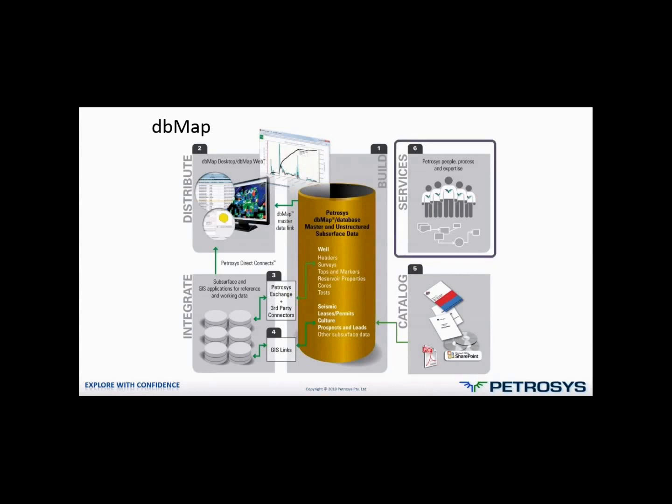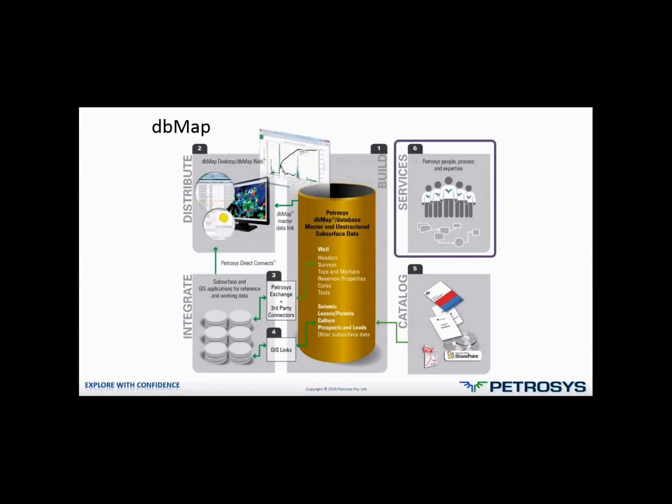And the last piece there is the services side. So we help our customers when they implement a dbMap solution. Because PPDM is a very flexible data model, there may be some specific instances where data types are not included in the standard data model, so we can build extensions that incorporate other data into the data model.